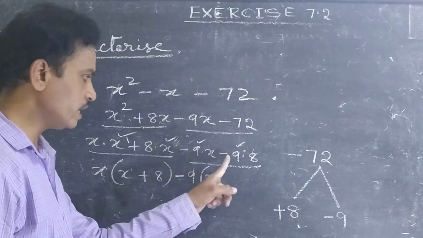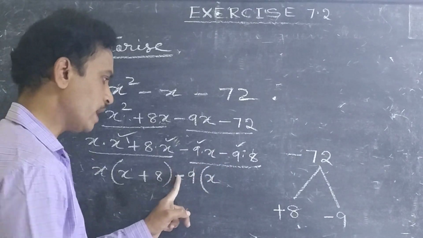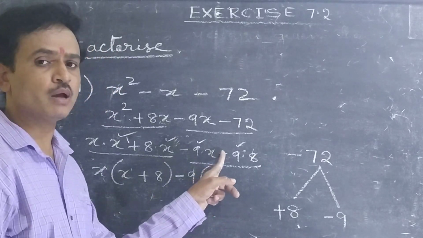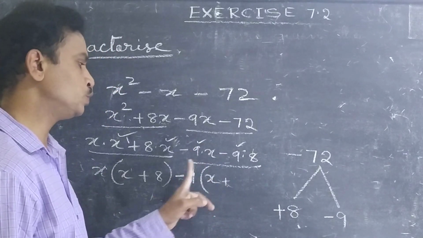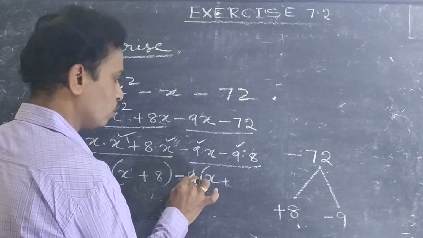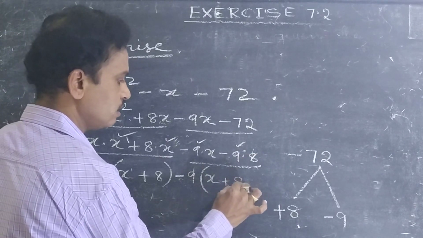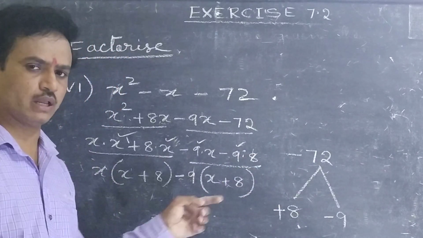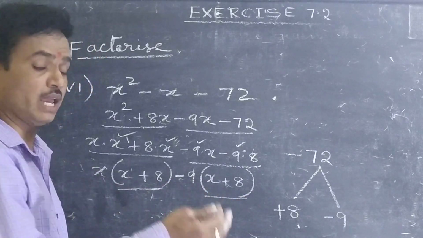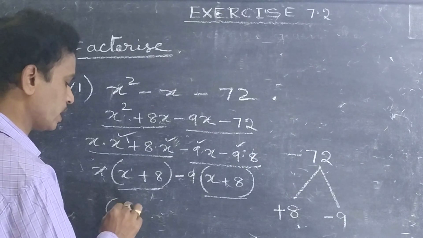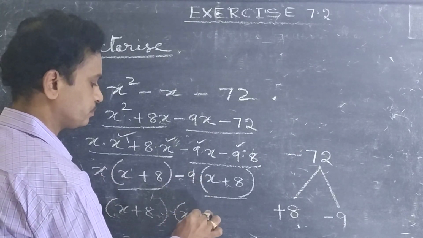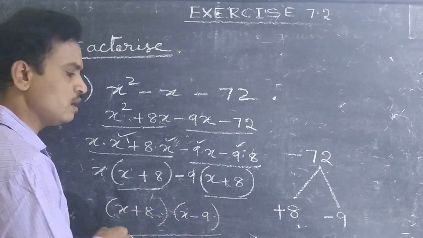X. Here minus into plus becomes minus. Then 9 we took already outside. Which number is remaining here? 8. So you write 8 in the bracket. Then x plus 8 is again common, so one time you write x plus 8, then x minus 9. This is the result.